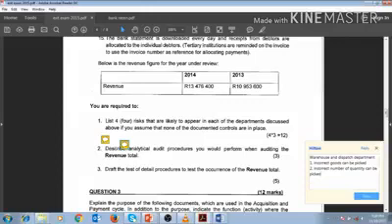Number 3, unauthorized picking slip can be created.